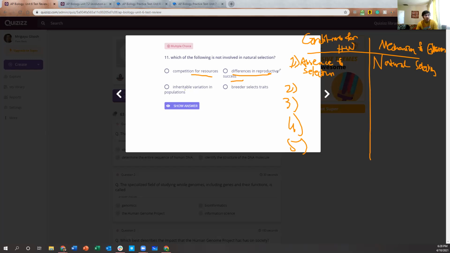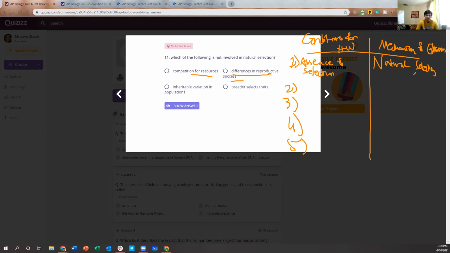Two individuals aren't necessarily one more fit than the other and more likely to survive and reproduce. That's the idea. So the mechanism of evolution is natural selection, and the Hardy-Weinberg condition is the lack of that.